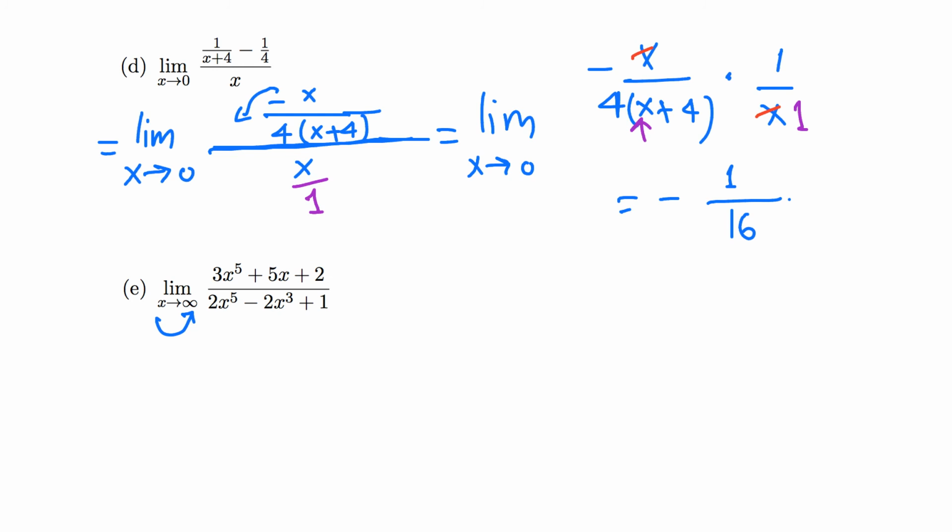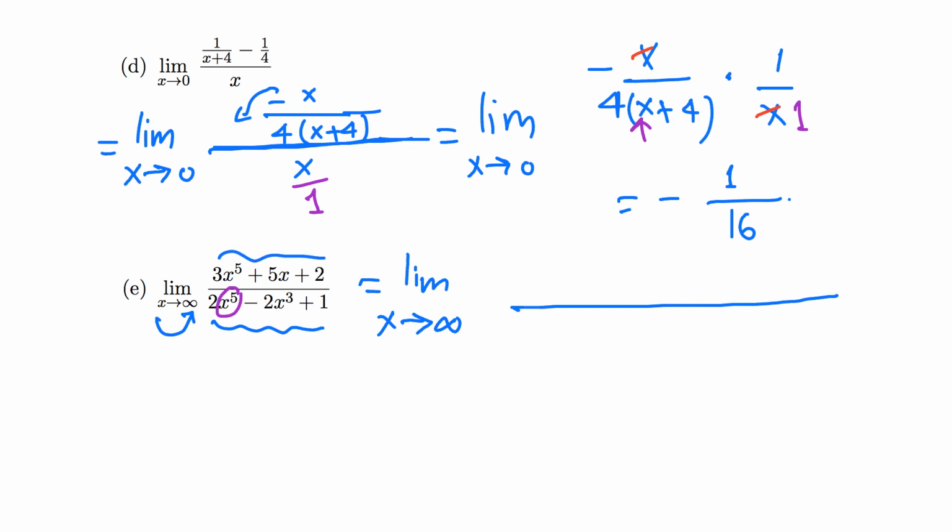So the highest exponent is x to the 5th. So divide top and bottom by x to the 5th. Limit x going to infinity. So dividing the top means we need to divide each term by x to the 5th, and divide each term of the bottom by x to the 5th.